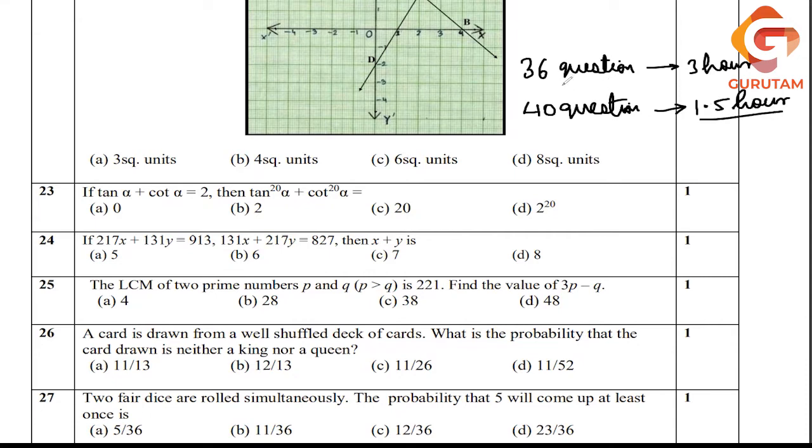Now you can see the level is not decreasing. The level is still the same. The number of questions has increased and the time has decreased. Due to this reason, the paper becomes tough. That is my main concern, which I want to tell every student. So please tighten your seat belt. This time this flight is not going to be easy.